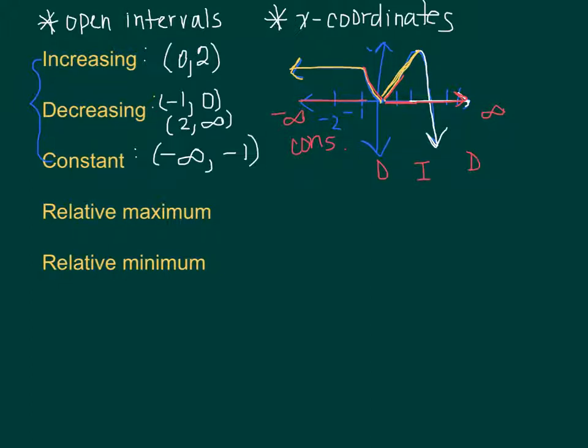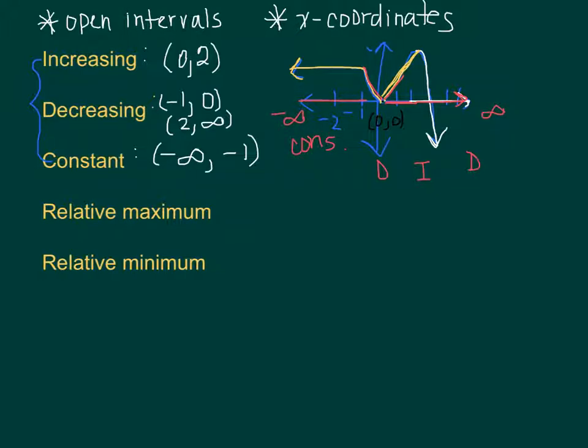Now, relative maximum. When they say relative, that means you're looking close to where there is a maximum in the graph. So if we use this same graph here, the relative maximum, let me get a black so you can see. This point right here is 0, 0.